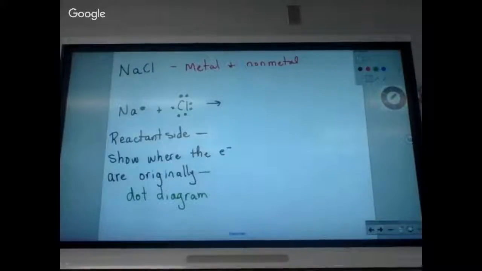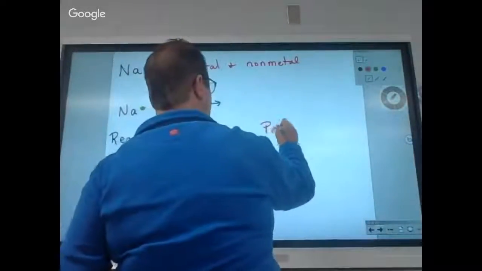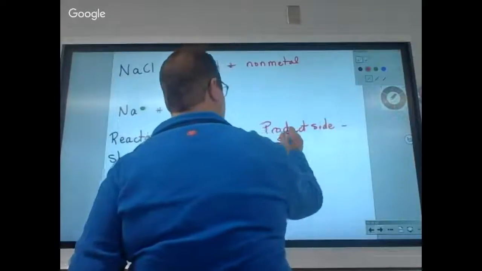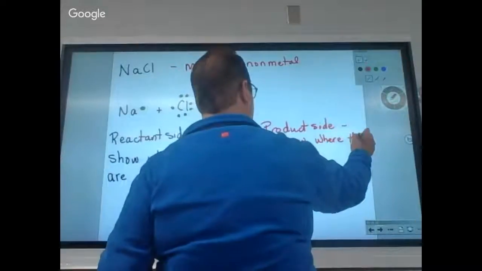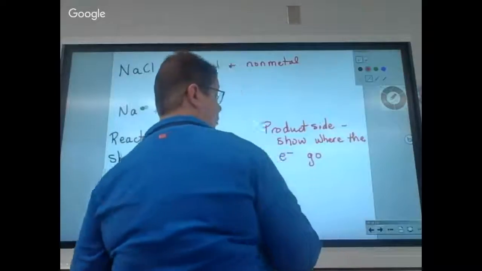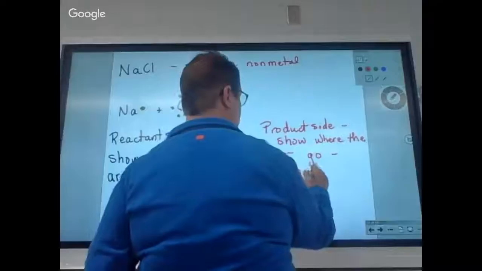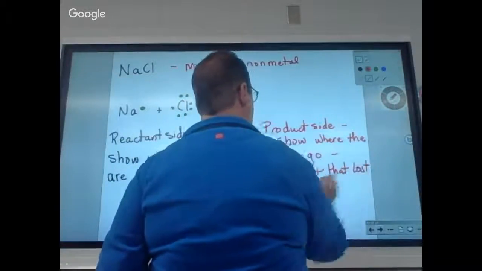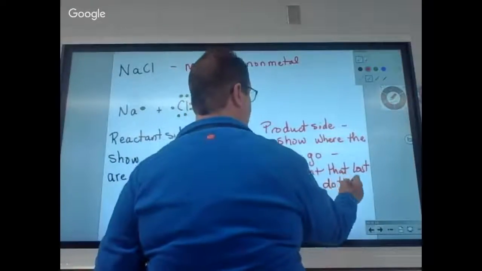Now, the right-hand side, on the product side, you show where the electrons go. The element that lost electrons gets no dots.